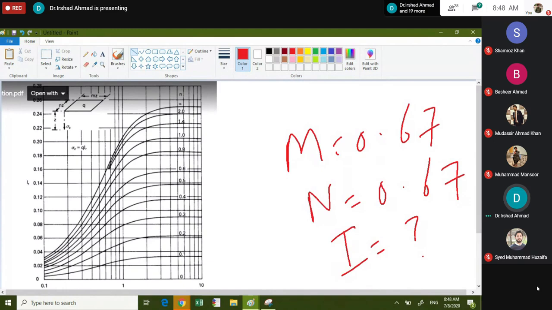You see this is 0.1, 0.2, 0.3, 0.4, 0.5, 0.6, and somewhere here is 0.67. This is a line of m equal to 0.67.